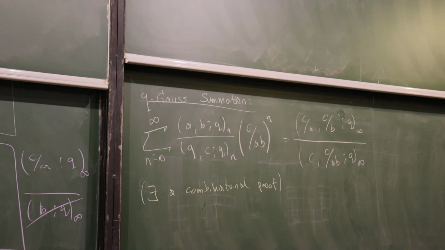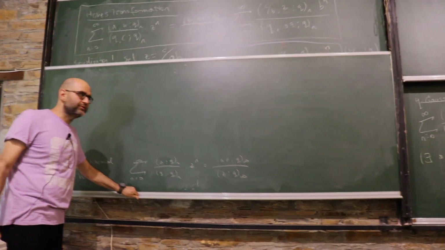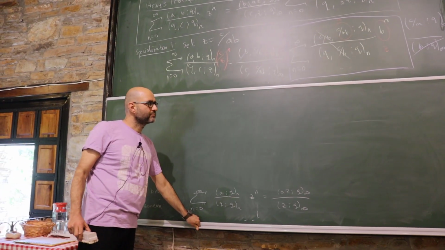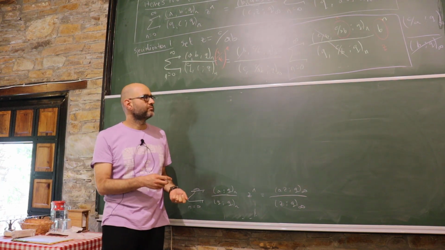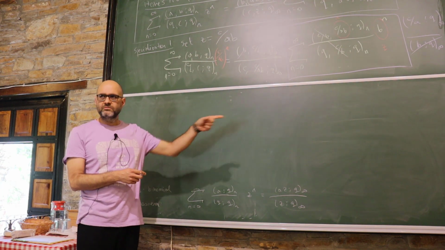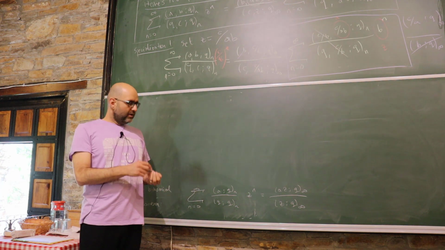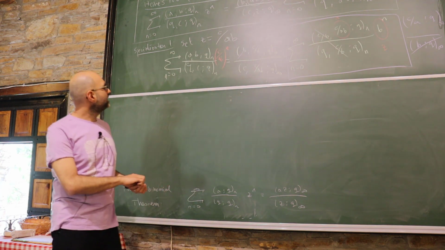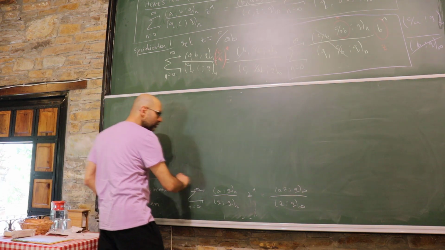One corollary of Heine's transformation, Heine's transformation, first iterate. Any questions, comments? Okay. For the second one, I will replace z by something else. This is specialization number 2.